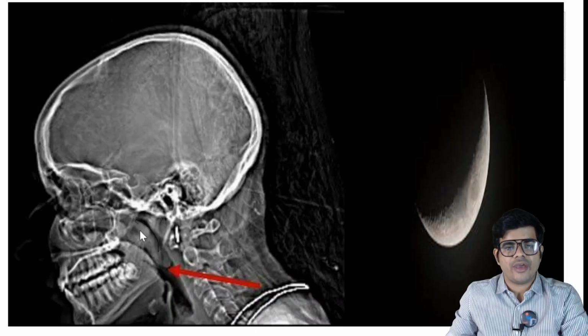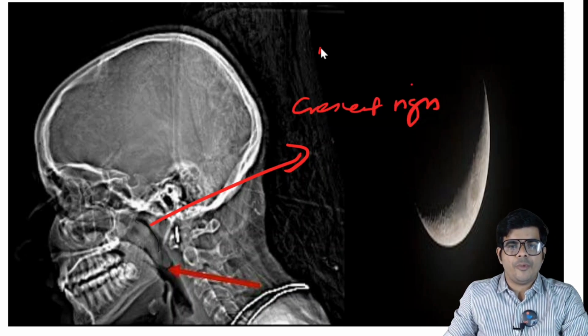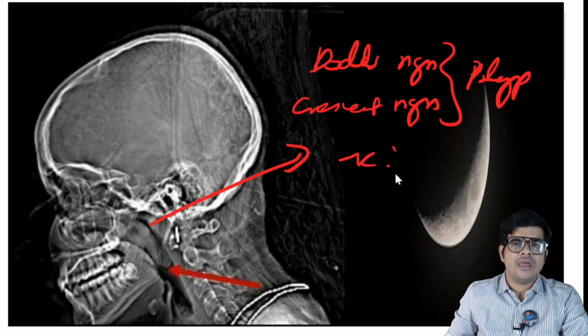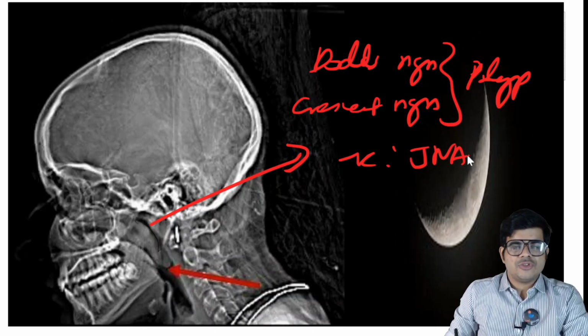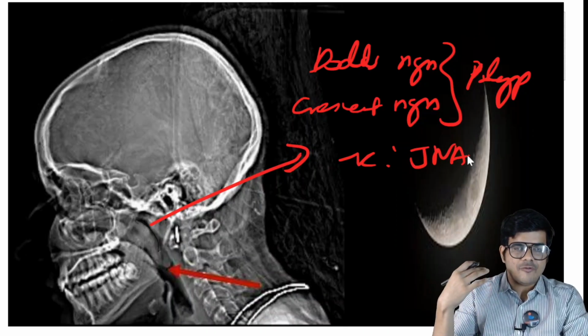If there is a crescent of air, as you can see here, then the crescent sign is positive, and it is seen in nasal polyposis. Crescent sign or dot sign positive is seen in nasal polyposis, and if it is negative, it is indicative of a nasopharyngeal mass, as in JNA or a CA nasopharynx. That's how this X-ray was taken to differentiate a polyp from a nasopharyngeal mass.